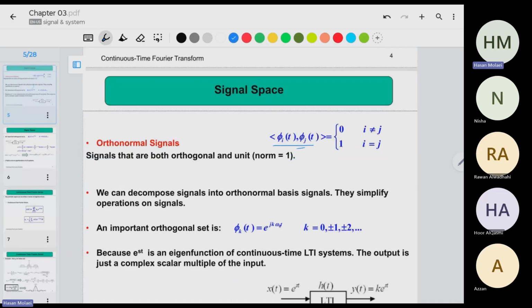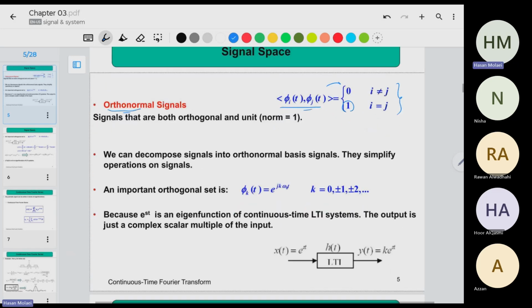For a set of signals, if the inner product with themselves is 1 and with a different one is 0, we call this set orthogonal signals.